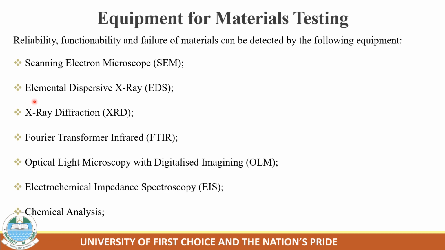The next one is energy dispersive X-ray, also used to scan the material. X-ray diffraction, Fourier transform infrared, optical light microscopy with digitalized imaging, electrochemical impedance spectroscopy, and chemical analysis. All these are the equipment used for material testing in engineering or sciences.